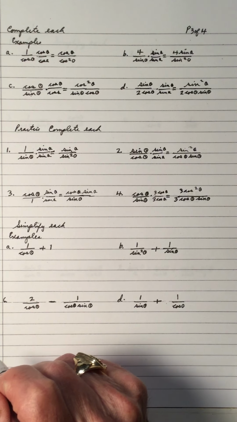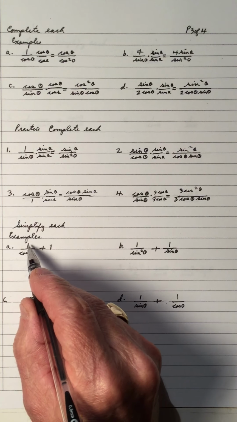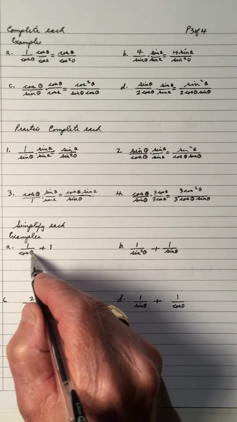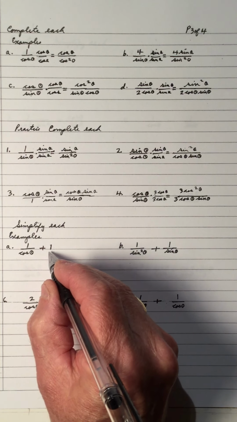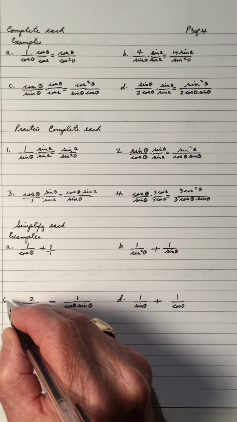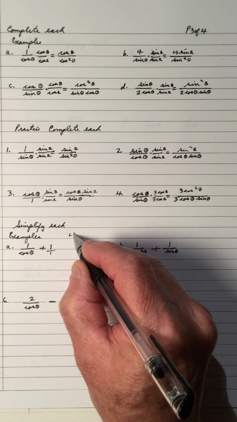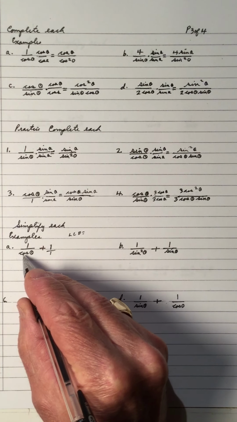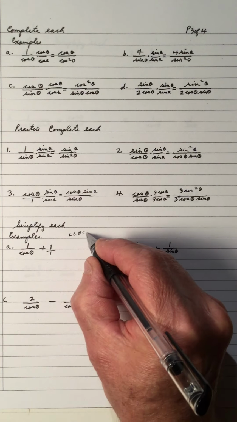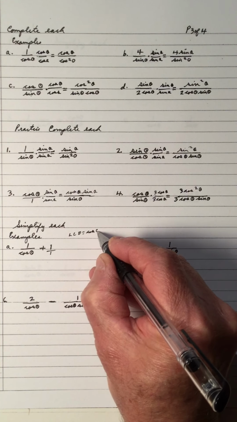Okay, more examples. We have a fraction and a whole number. Remember, 1 is understood to be over 1. The common denominator for these two fractions, this is a cos theta, this is a 1, so the common denominator is cos theta.